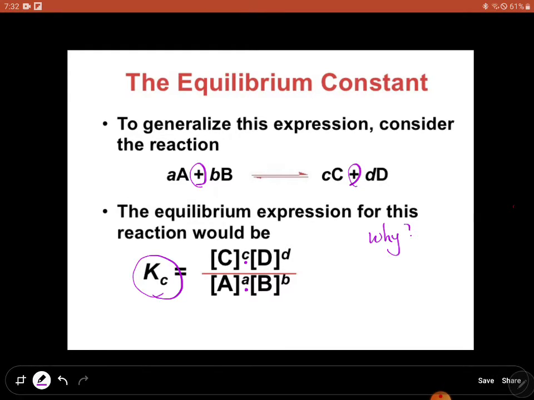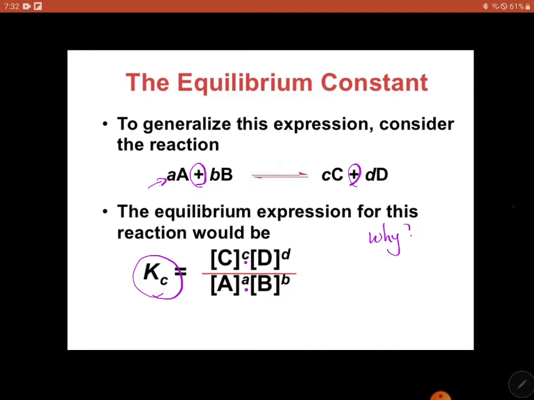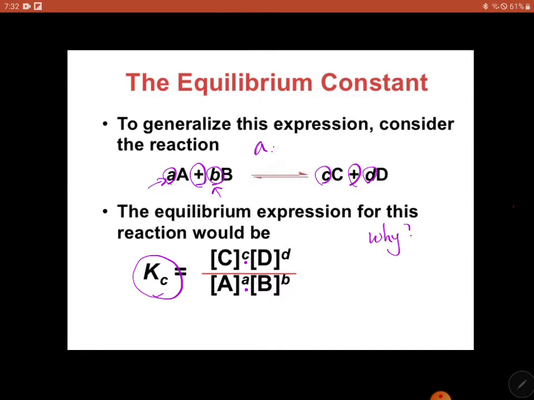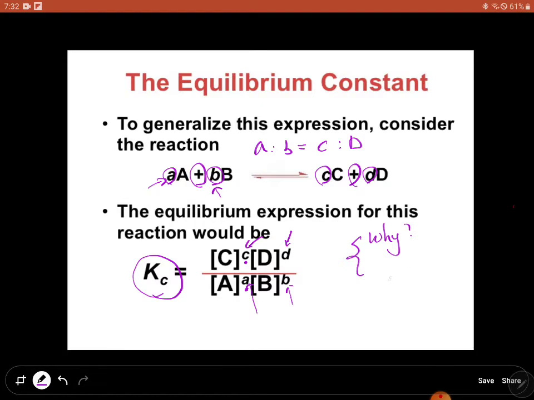And moreover, the coefficient, or let's say the ratio of the reactions, why must it be placed in an exponent here, like that? So those are the two questions that we solve in this video.